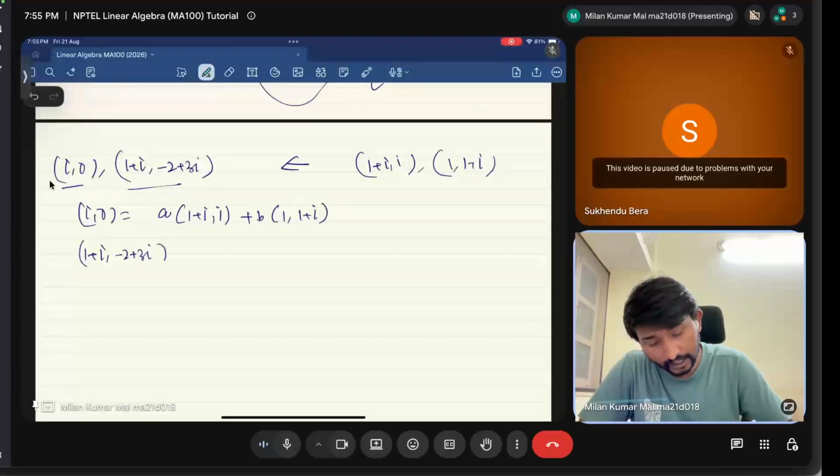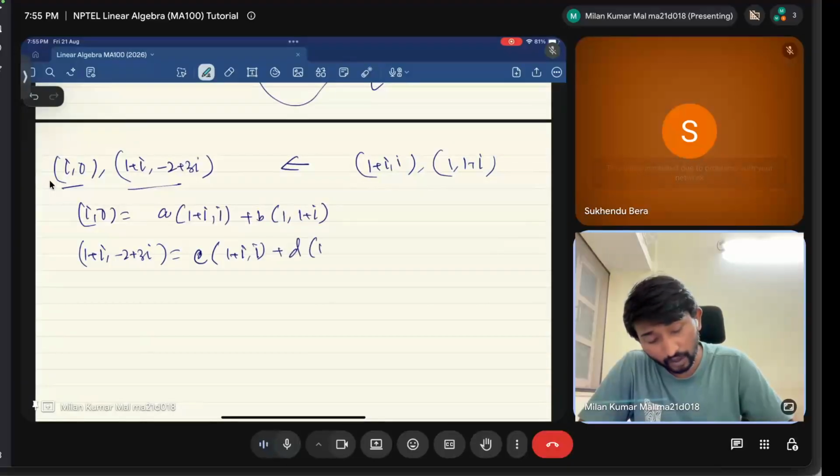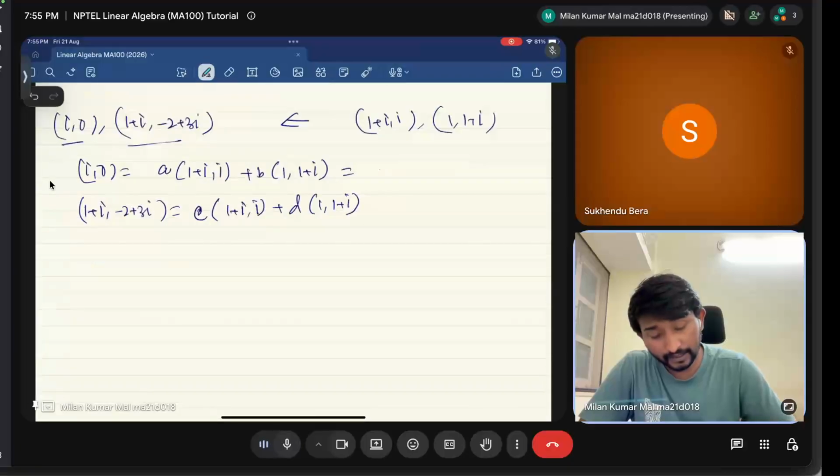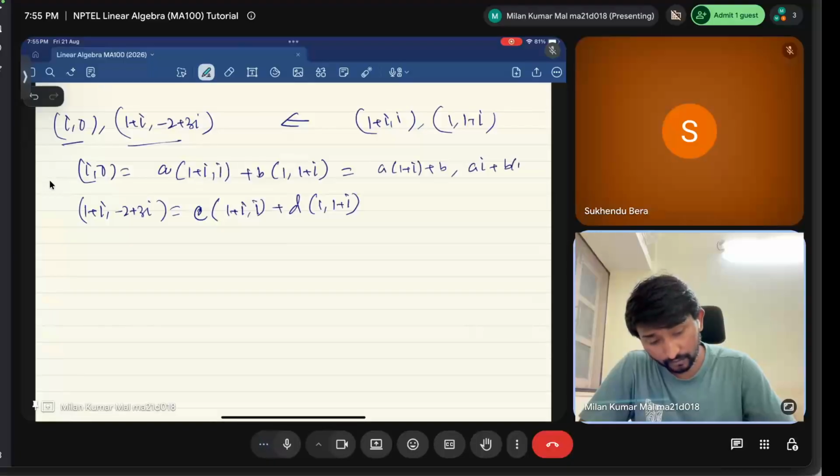This can be written as a of 1 plus i comma i, and I'm writing two separate ones, c and d, 1 comma 1 plus i. So this can be written as a of 1 plus i plus b comma ai plus b of 1 plus i.